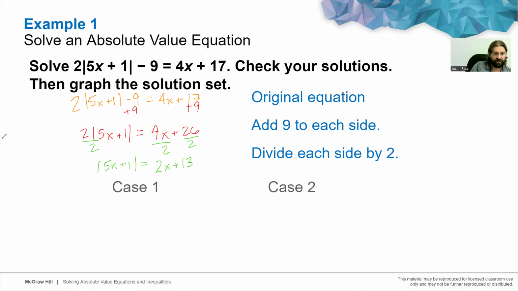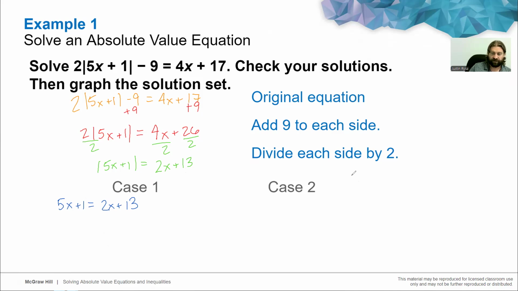Now what we need to do is split this up into 2 cases. The first case is just straight up 5x plus 1 is equal to 2x plus 13. Normal math stuff. It didn't change. If the absolute value of x is 5, x could be 5.